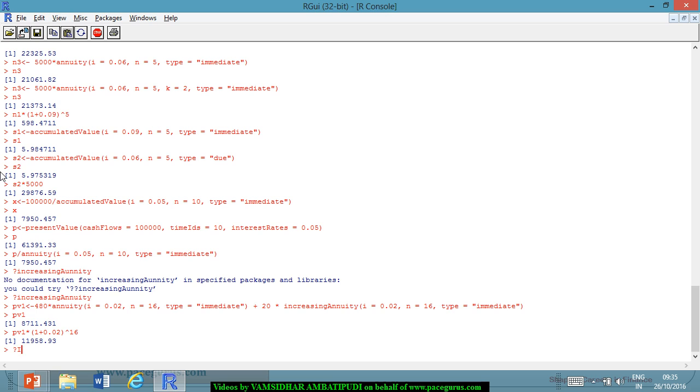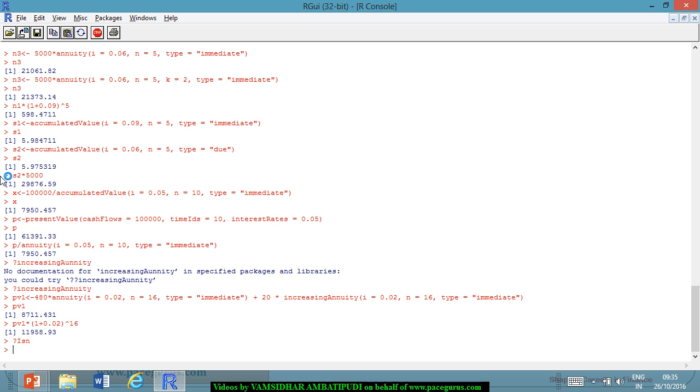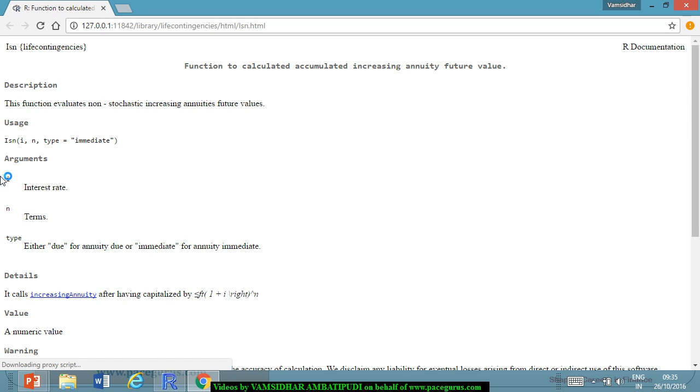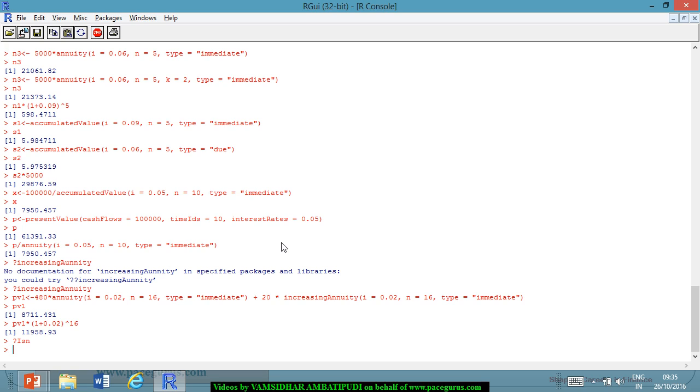So let me see what this ISN is all about. Non-stochastic increasing annuities future value. So interest rate, the number of periods, again I have to give immediate or annuity due. So ISN is something that I can directly use for getting the accumulated value of the annuity.